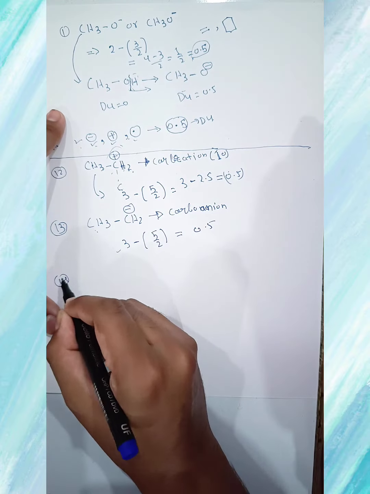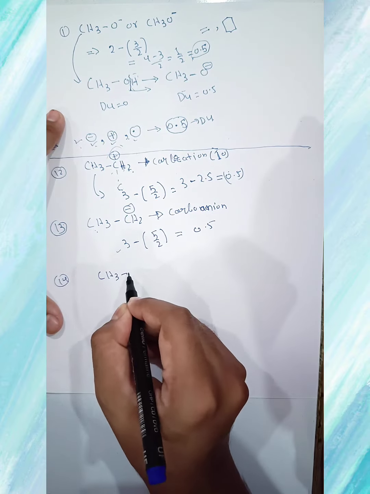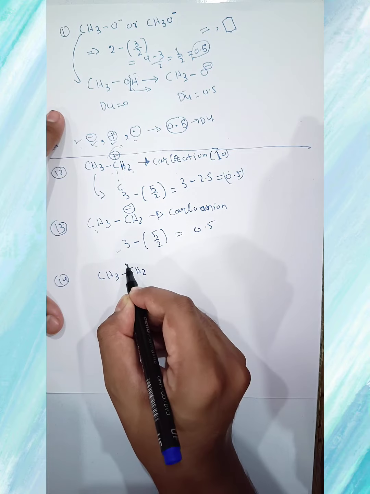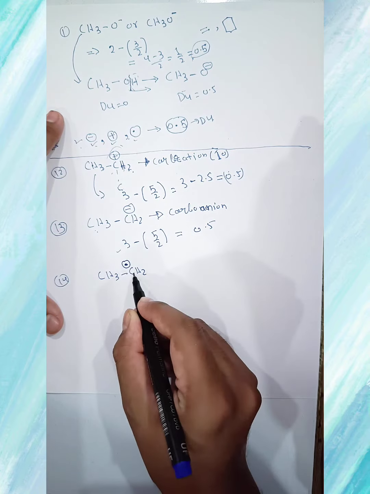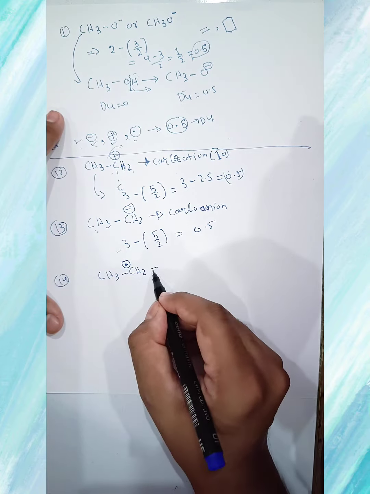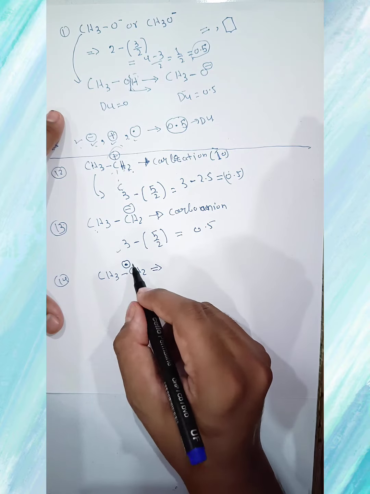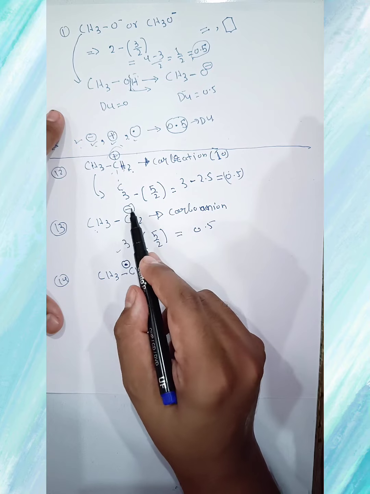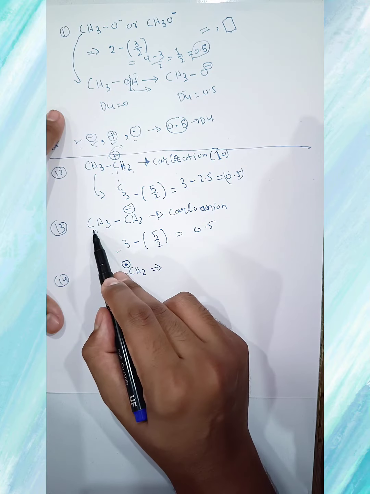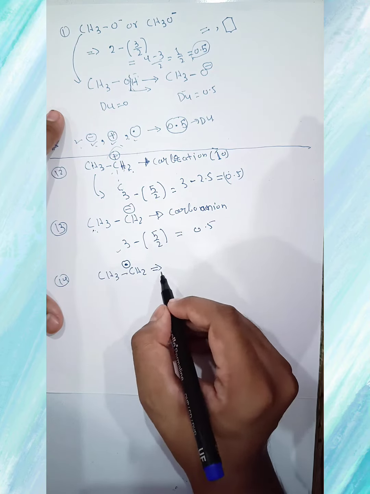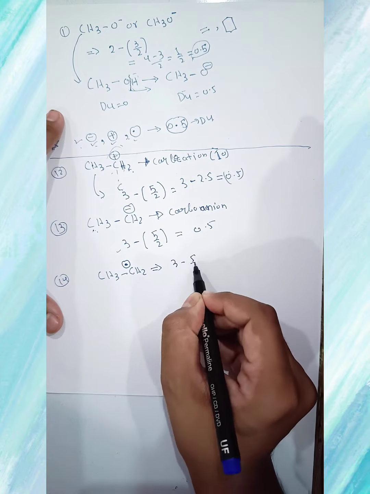Similarly, a radical CH3CH2 like this, a dot on carbon. This is a radical group. When you see a dot on any carbon, and it's attached to one carbon, it's a 1 degree radical. So its DU will also be similar.